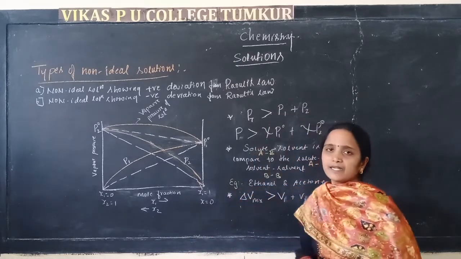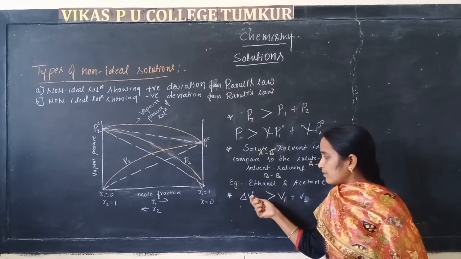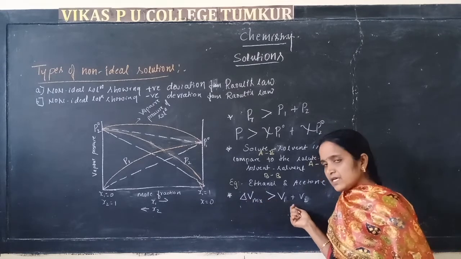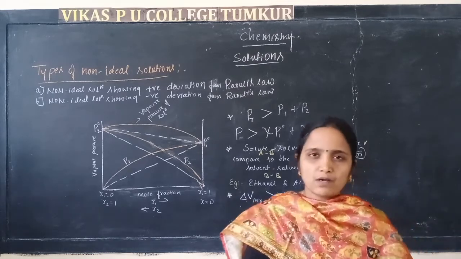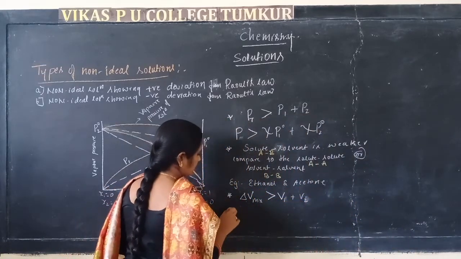The volume of the mixture is going to be greater. Therefore the volume of the mixture is higher than the sum of the volumes of the two components. Then the enthalpy of the mixture, next point.